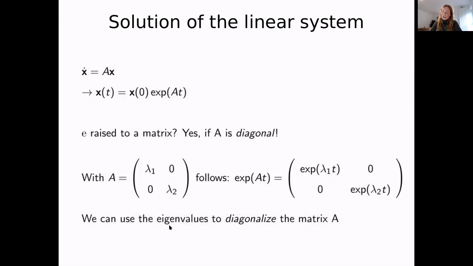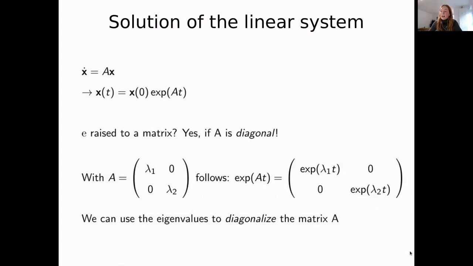The matrix A being diagonal means that I have this diagonal line, and all other entries in the matrix are 0. And apparently, when I have this kind of diagonal matrix, it follows that the exponential function of this matrix is just my matrix, and now with the exponential function of these lambdas.